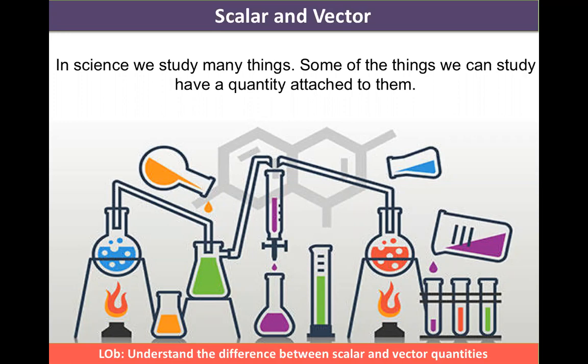So we look at scalars and vectors first, which is 3.6. This is something that you all probably learned last year as well, so it's a bit of a recap. In science we study many things, and some of the things we study have a quantity attached to them.